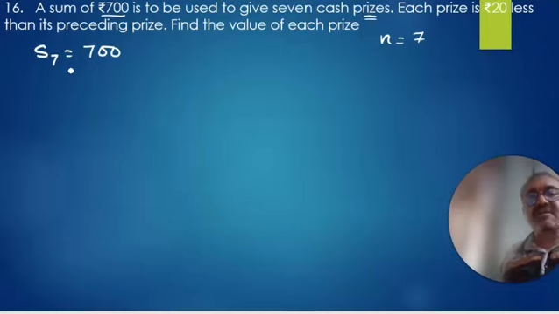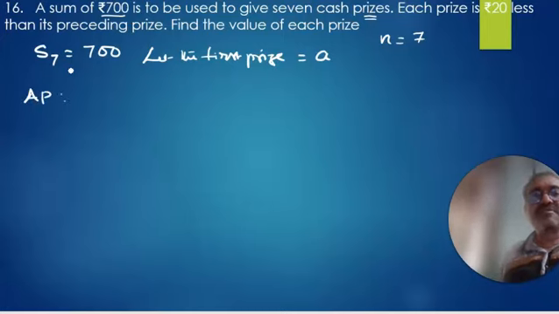Let the first prize be equal to a. Then what is the series in AP? First prize a, second prize a minus 20, third prize a minus 40, so on.